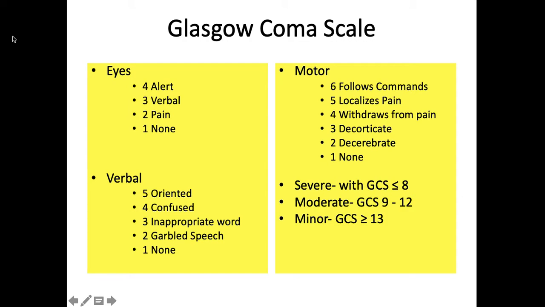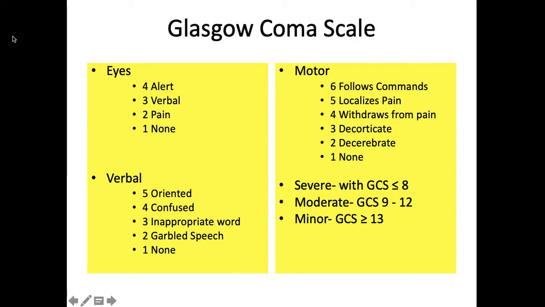Now, decorticate posturing is also known as flexion posturing, and both decorticate and decerebrate posturing are indications of serious head injuries, brain injuries. And unlike the person who follows commands, unlike the person who localizes or withdraws from pain, decorticate and decerebrate posturing is an involuntary response from the brainstem.